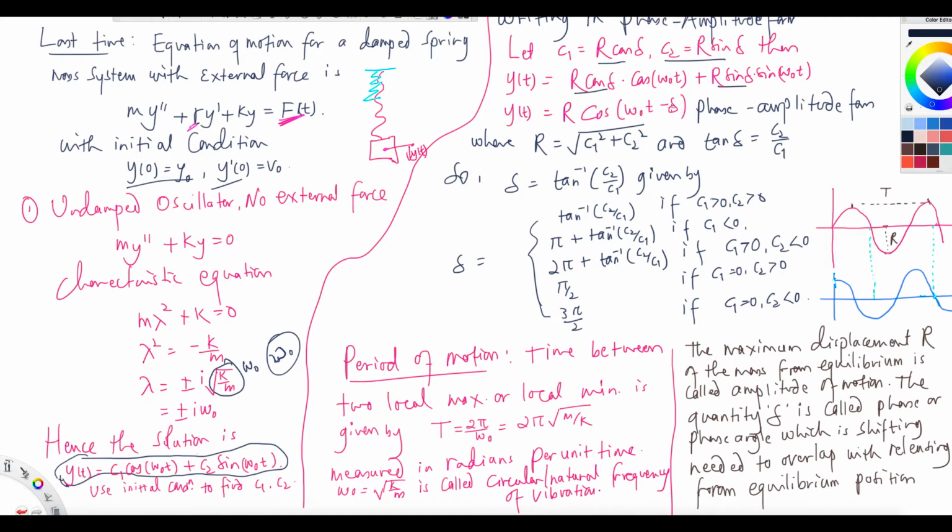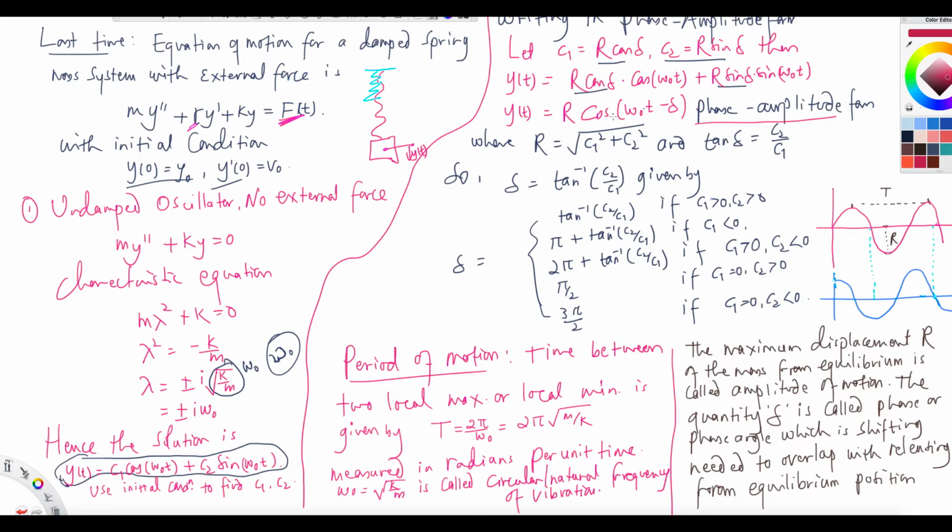You can also write delta minus omega 0 t, not a problem, because cosine of a negative angle is the same. So y(t) equals R cosine of (omega 0 times t minus delta). This form of the solution is called the phase amplitude form.